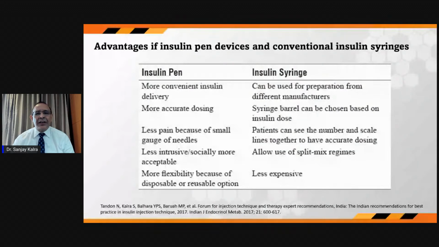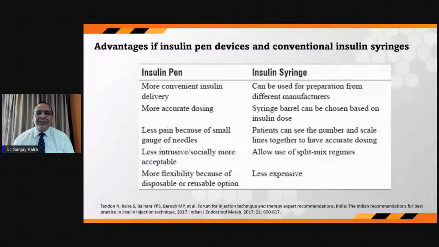Insulin syringes, however, are flexible from a different point of view. Whatever the manufacturer of insulin is, you can always use that with a syringe. It just has to be a 40 unit per ml or a 100 unit per ml syringe. That, of course, you will have to check based upon the insulin concentration. It's much easier to read the numbers and the scale lines on the insulin syringes, so some people prefer that.